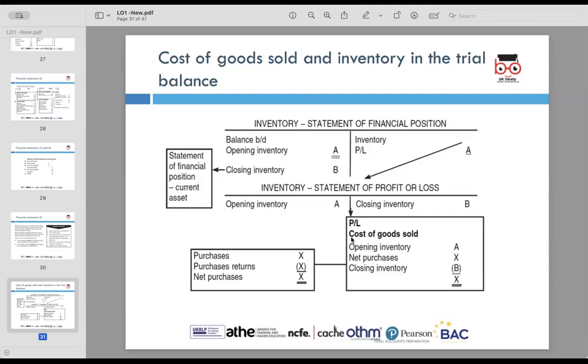Inventory in financial statements: inventory is classified as a current asset and represents goods held for sale. Components include opening inventory, purchases net of returns, and closing inventory, which are important for determining the inventory balance on the balance sheet.